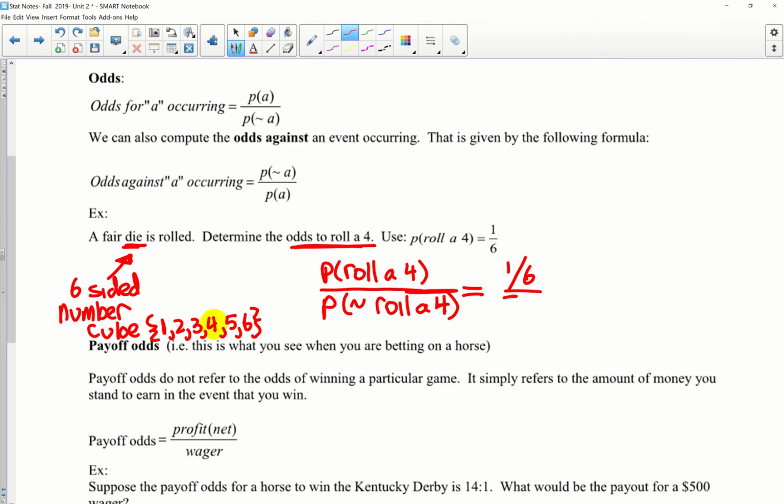So 5 out of 6. All right, now when you simplify, this becomes 1 over 5, because the denominators in a complex fraction, if they're the same, they cancel out.